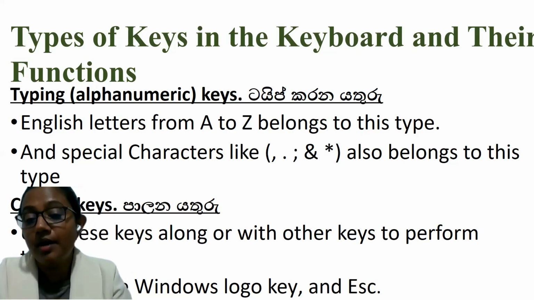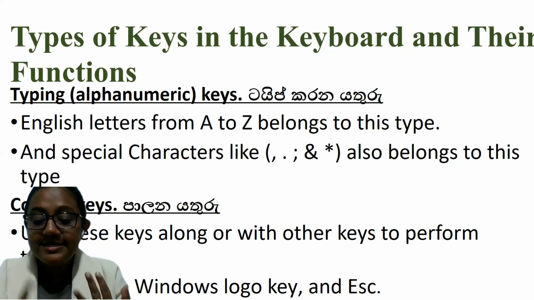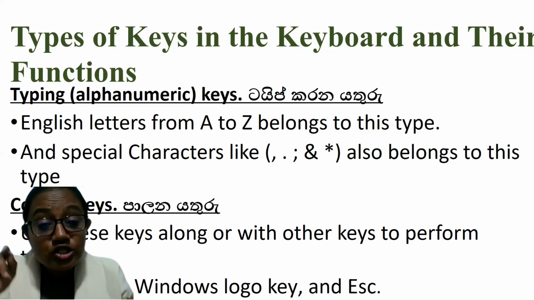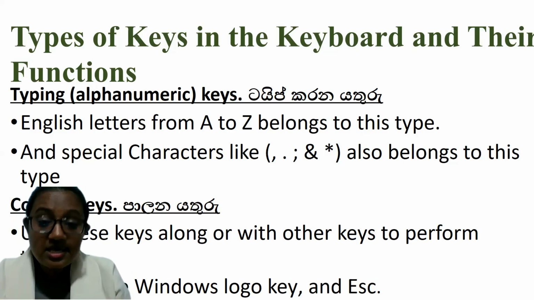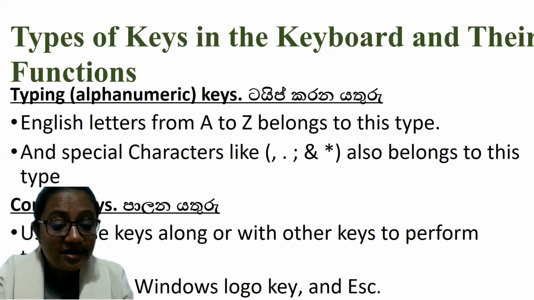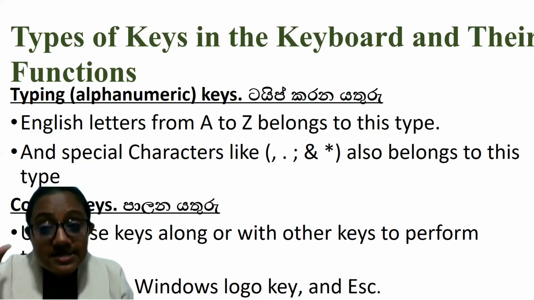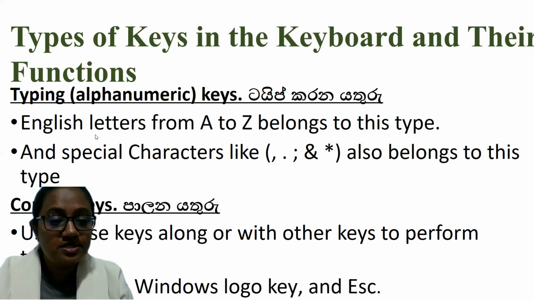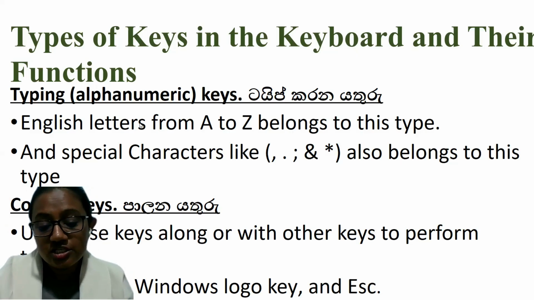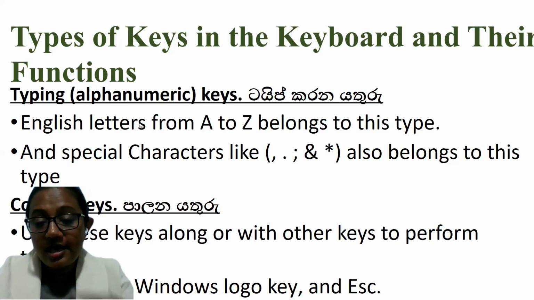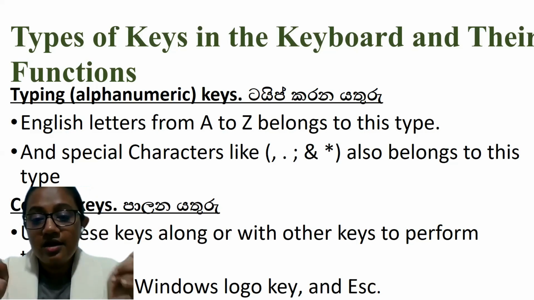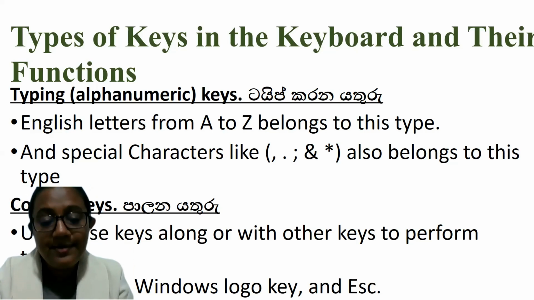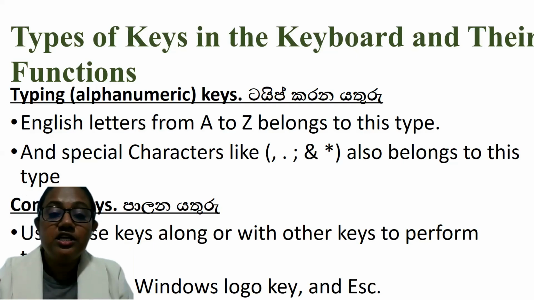You can see comma, dot, semicolon, question mark, stars, and percentage mark. You know about percentage mark. And hash, at, and parentheses. All belong to special keys, or we can say symbols.